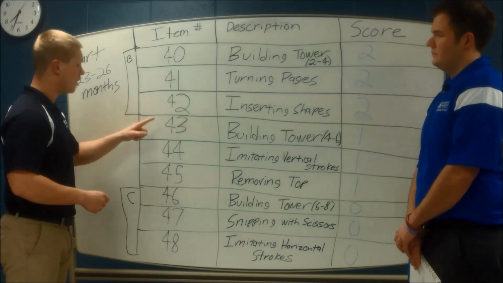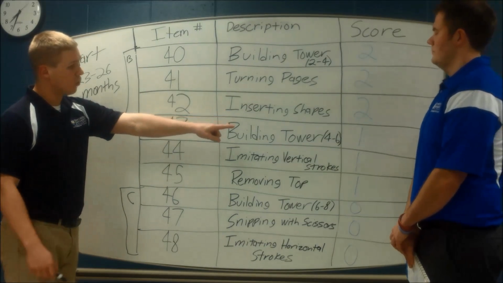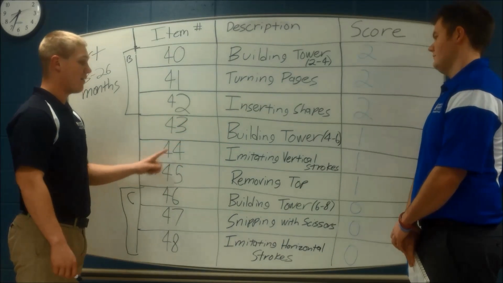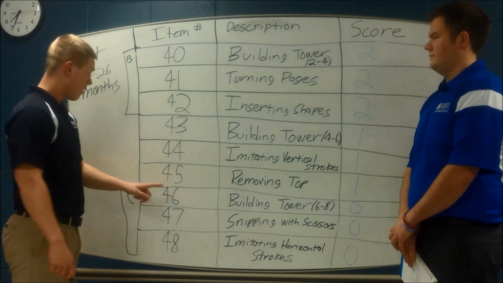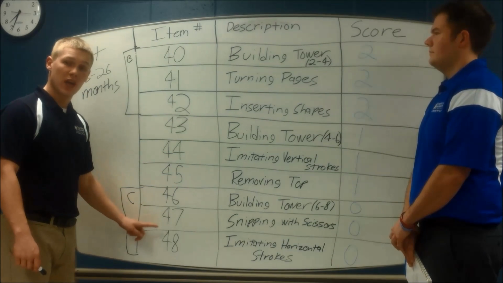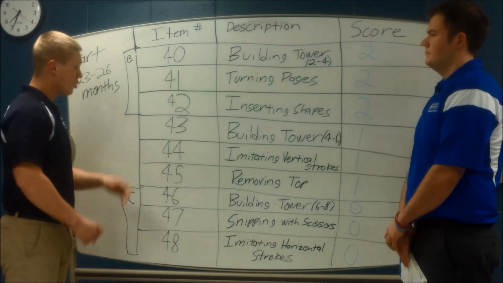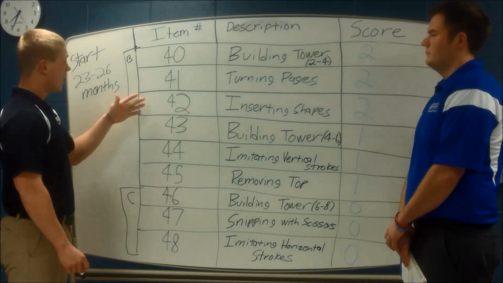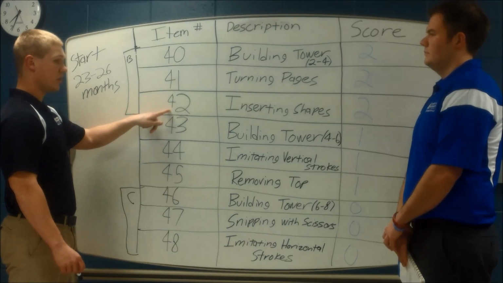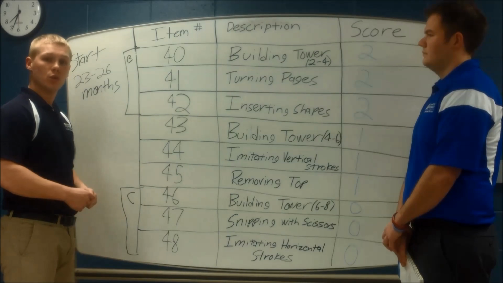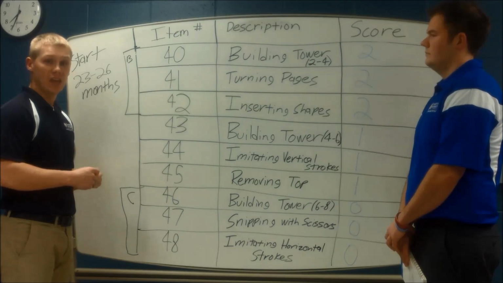The child would receive a 1 on item 43, a 1 on item 44, and a 1 on item 45. From 46, 47, 48, and so on, he would continue to receive 0 points. So this child would receive 84, 2 points, 85, 86, and 87. The raw score for this child would be 87.